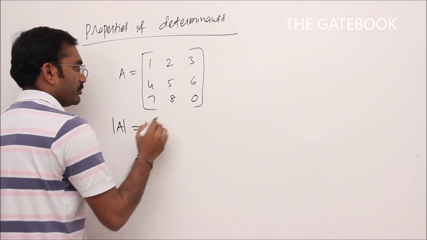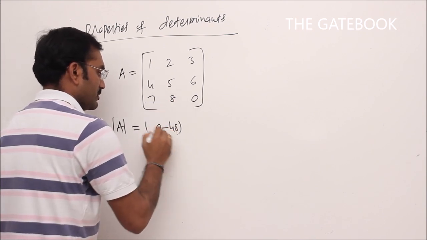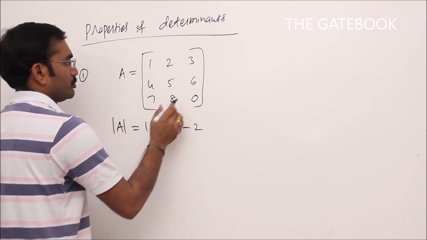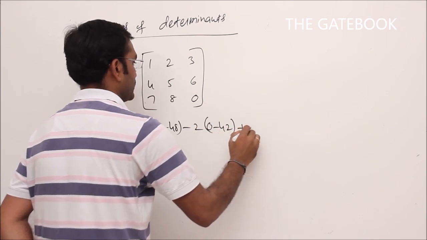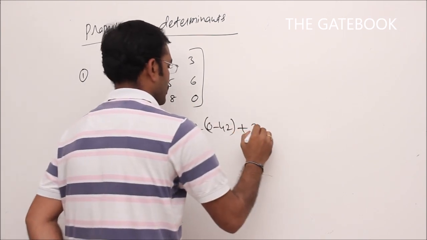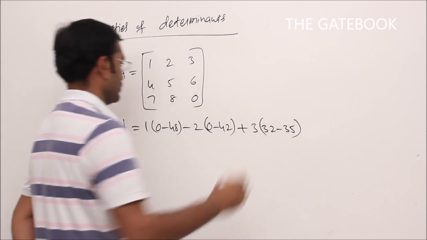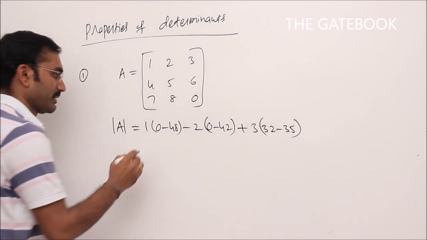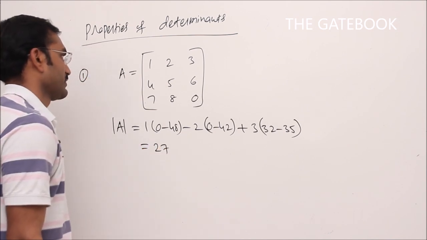It is equal to 1 into (0 minus 48) minus 2 into (0 minus 42) plus 3 into (32 minus 35). The determinant of that matrix will definitely be 27. Check that one; we get 27.